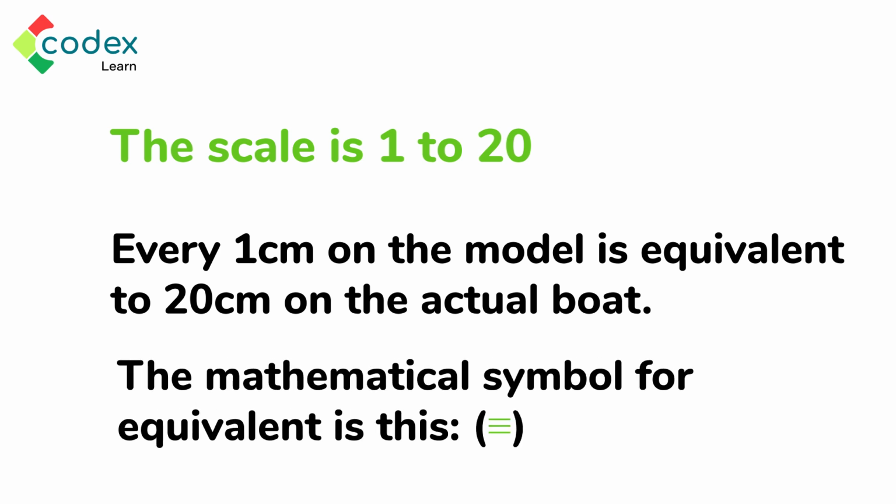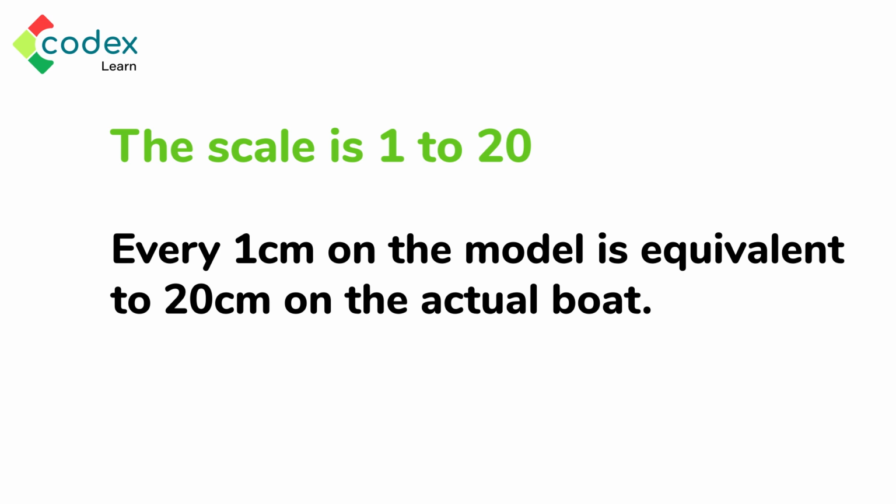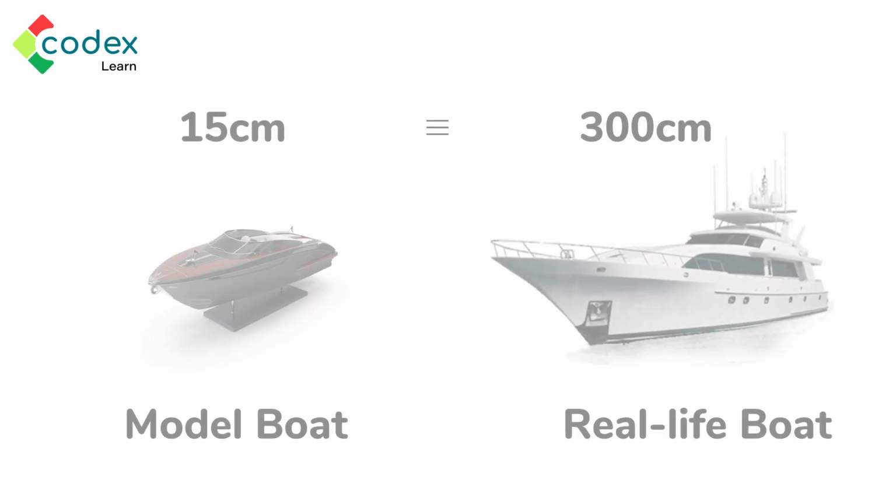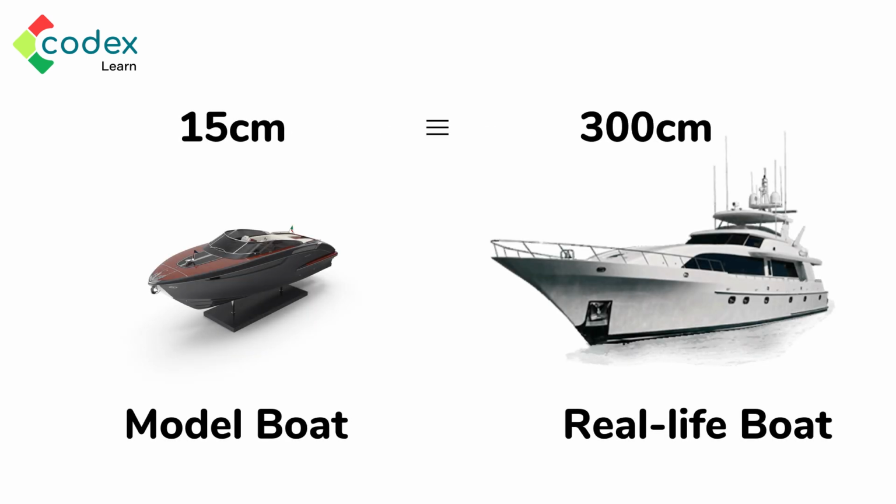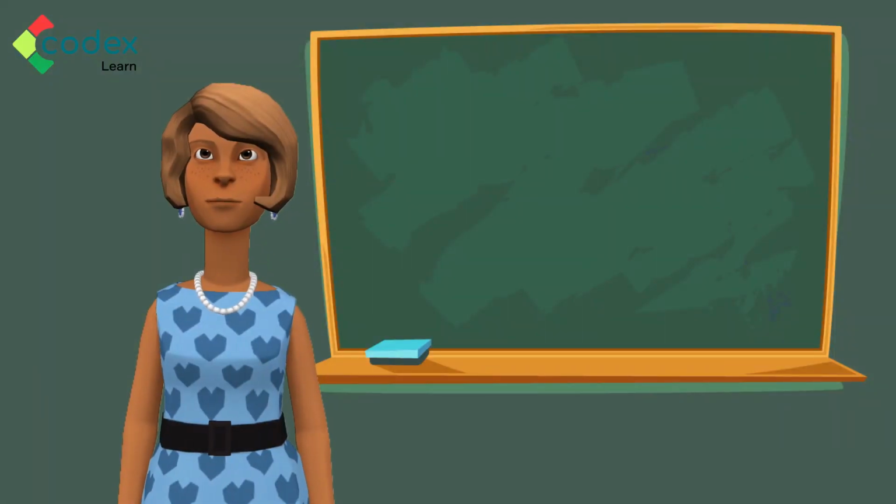The mathematical symbol for equivalent is this. 1 centimeter on the model is equivalent to 20 centimeter on the real boat. So because 15 times 20 is 300, 50 centimeter on the model boat is equivalent to 300 centimeter on the real-life boat. How was that?